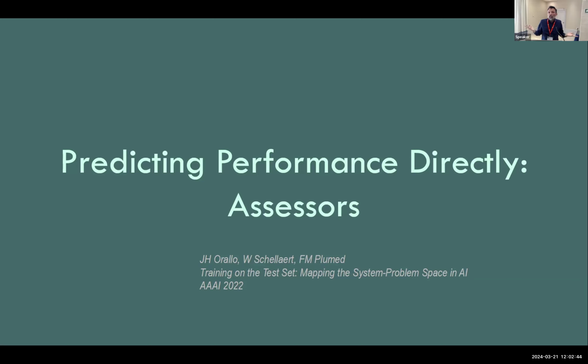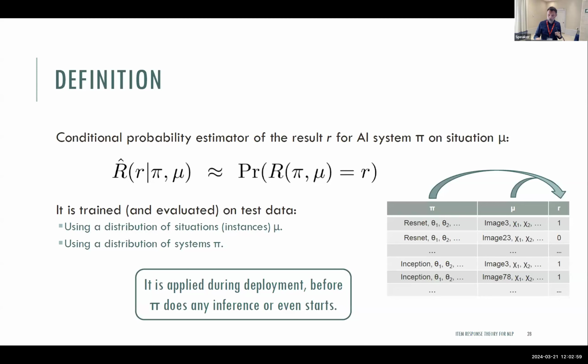And you can use any machine learning tool to do that, especially because you are taking the whole original feature space as input. So you would get a lot of information from models and instances, and you would try to predict performance.